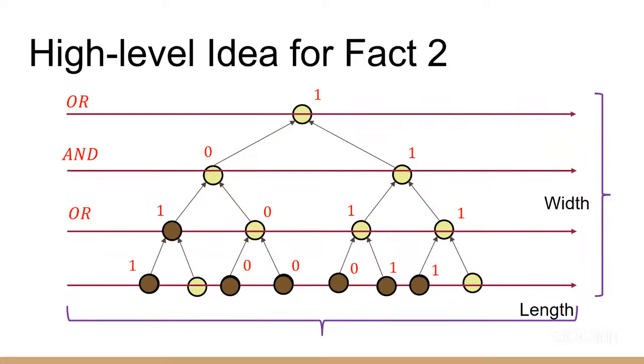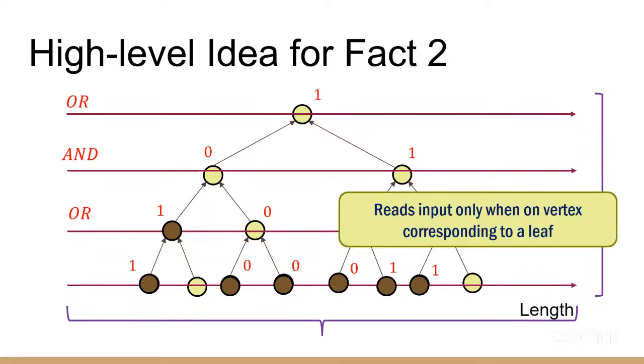Even if I lost you in the middle there, I want to emphasize that the useful property here is that in every layer there is only one node which cares about what the next bit is, which is the last row.